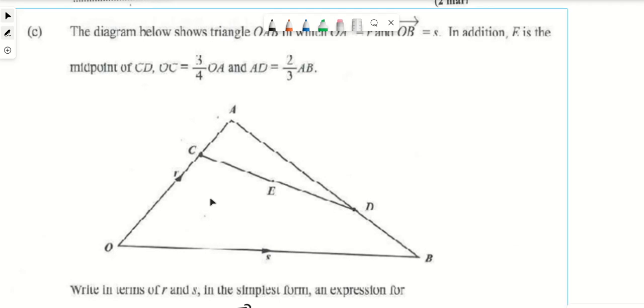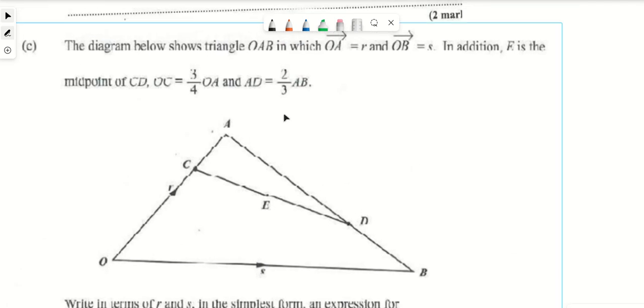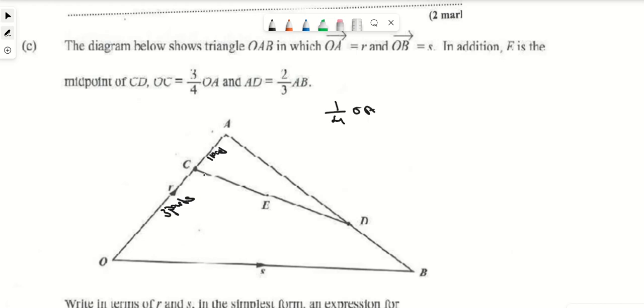They told you that OA, O to A, is R, and then O to C is 3/4 of OA. So this is 3 parts, and this is 1 part. So CA would be 1 over 4 of OA, right?